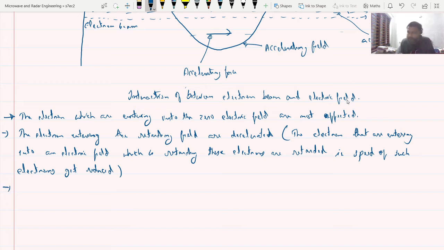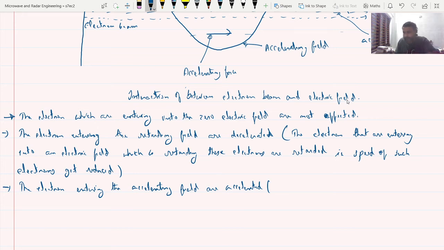Similarly, the next sentence: the electrons entering into the accelerating field are accelerated, or I can write, the electron that is entering into the accelerating electric field gets accelerated.